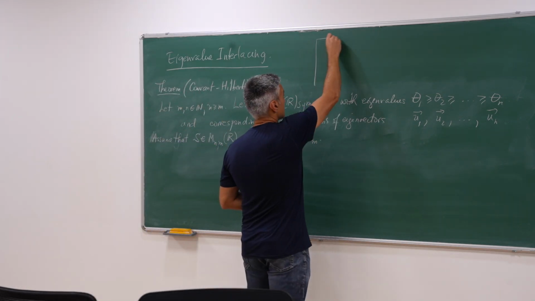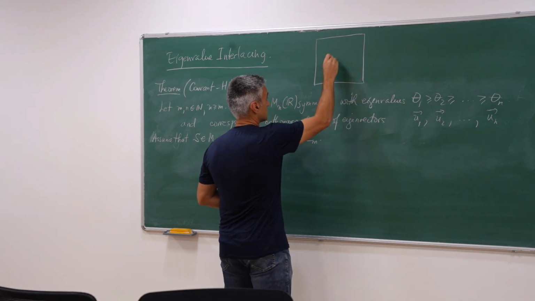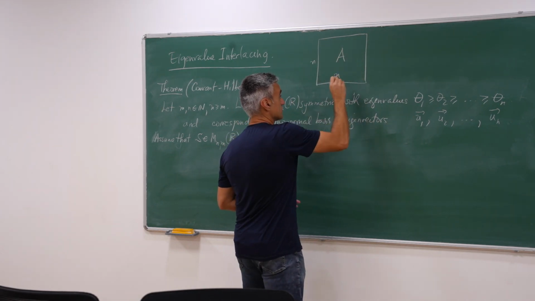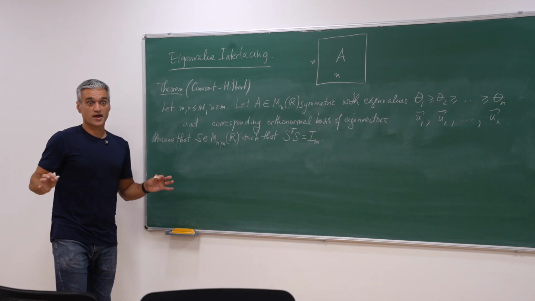So the picture will be like this. This is A, which is n by n. This is one actor in our story.